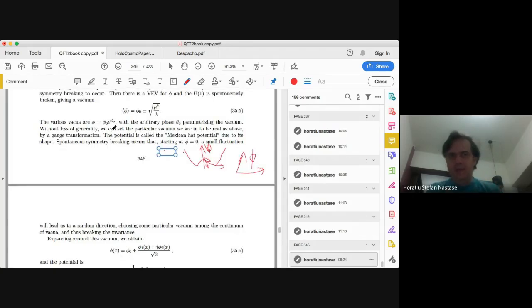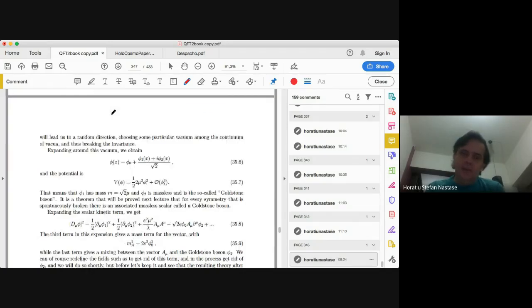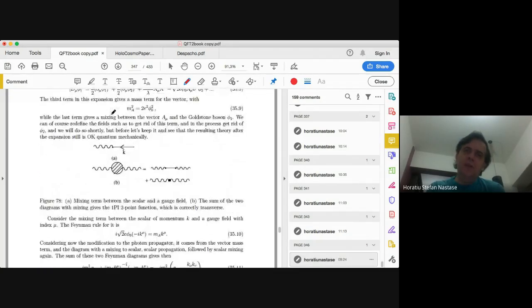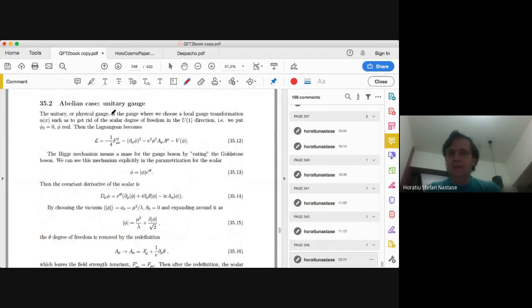Considering that these are just small fluctuations, this corresponds to going into this phase. So φ2 corresponds to θ in here, to rotating the field φ. In other words, it corresponds to the U(1) symmetry direction.